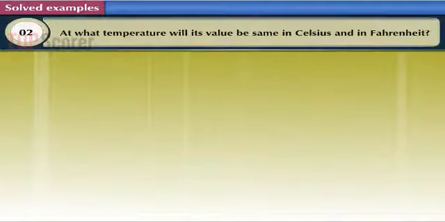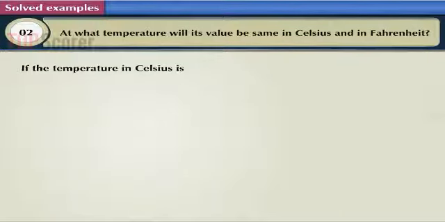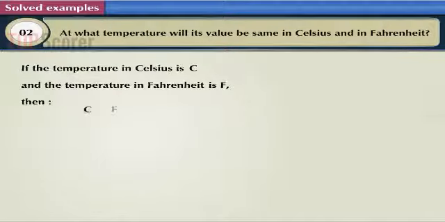2. At what temperature will its value be same in Celsius and in Fahrenheit? If the temperature in Celsius is C and the temperature in Fahrenheit is F, then C and F will be the same.